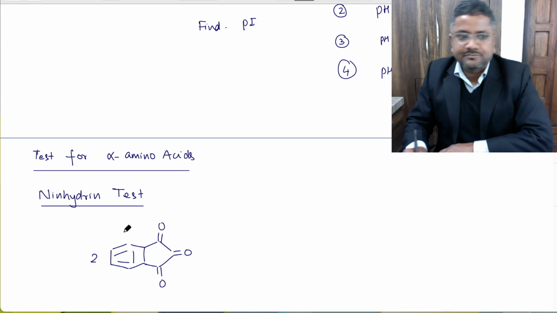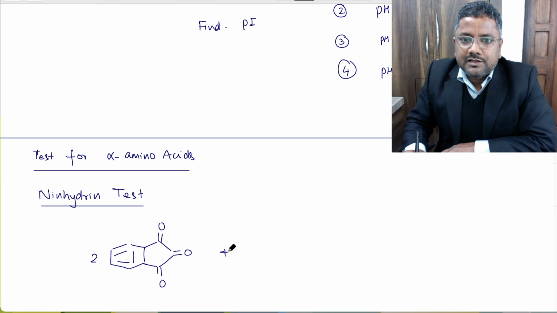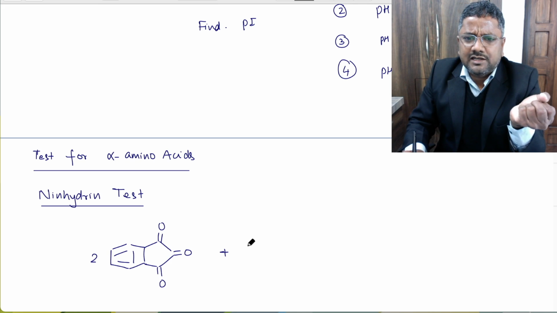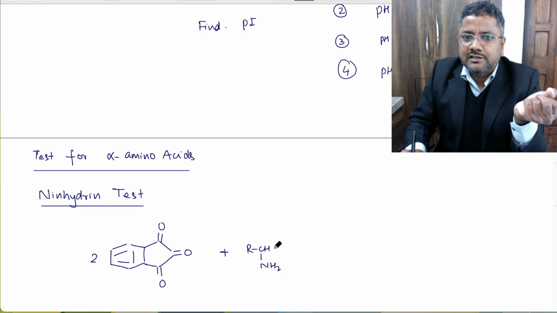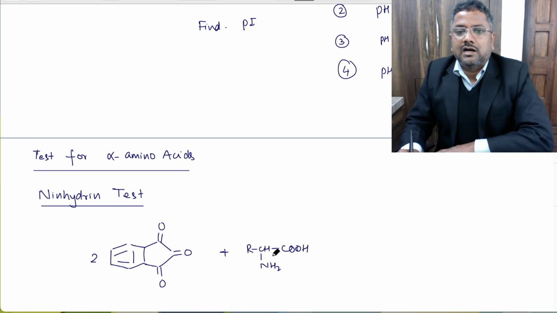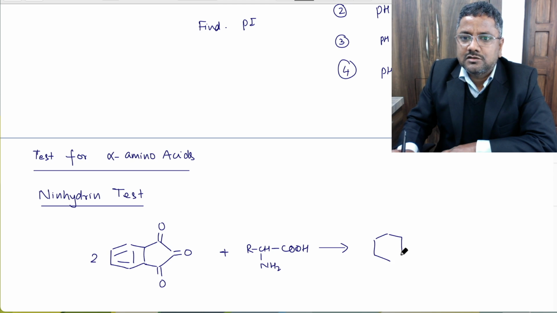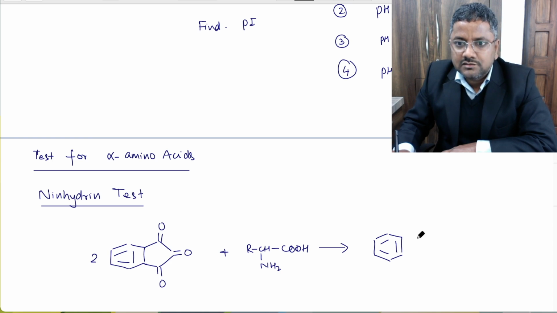2 moles of this. When you spray this ninhydrin on the alpha amino acid, or you directly react it, the alpha amino acid reacts with it and you will get an organic compound, a kind of colored dye.